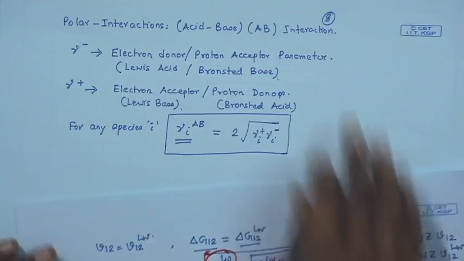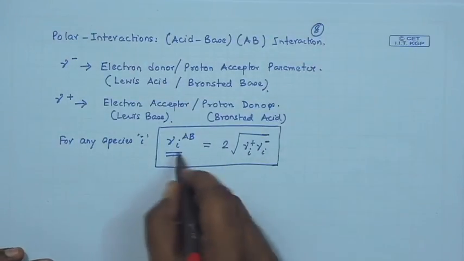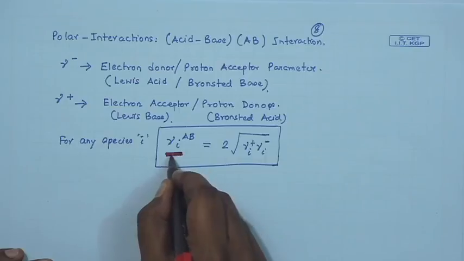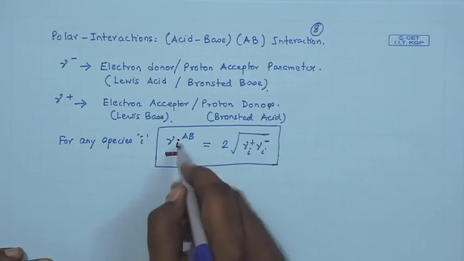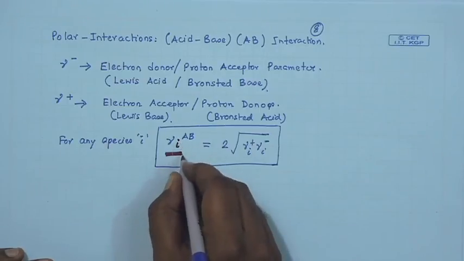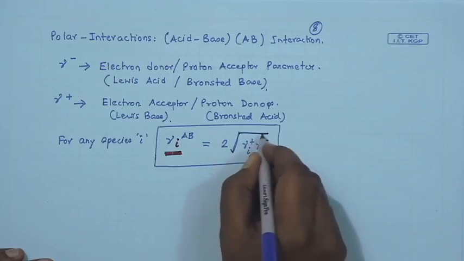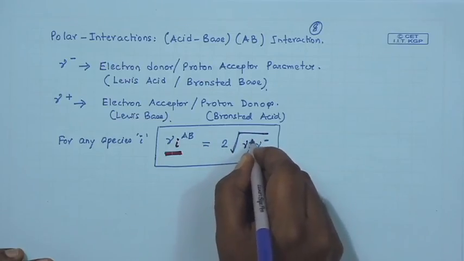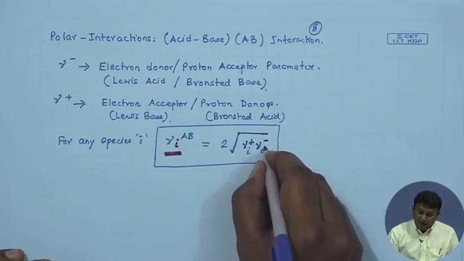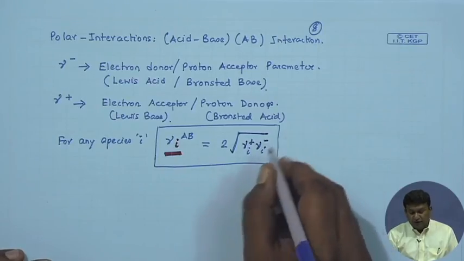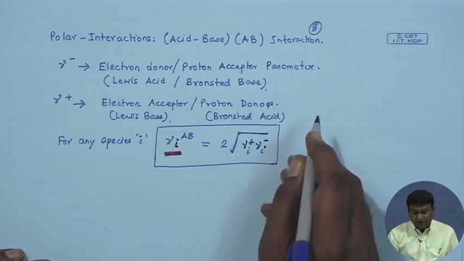In contrast, while we are considering the polar components, in order to describe the polar component of the surface tension of a particular material, we use a very similar looking mixing rule, comprising the gamma plus and gamma minus components, that is the electron acceptor and electron donor, the two conjugate parameters of polar interactions.